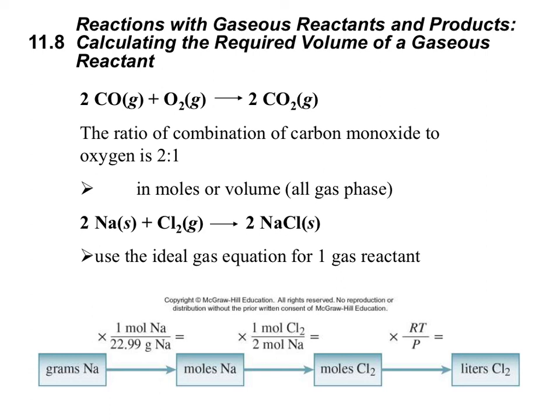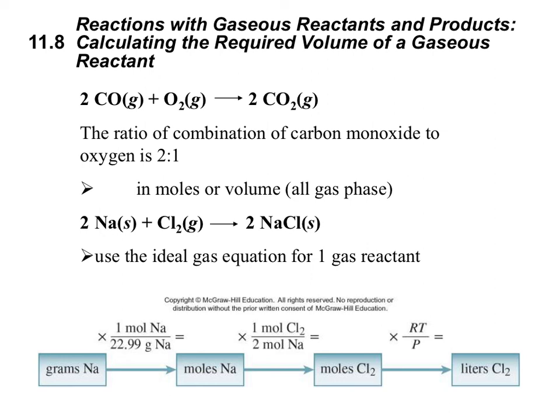However, if you had this second reaction of two sodium metals reacting with one chlorine gas, we would have to use the ideal gas equation for that one gas reactant. You would have to calculate how many moles or equivalents of the chlorine gas you are required to use in the reaction.